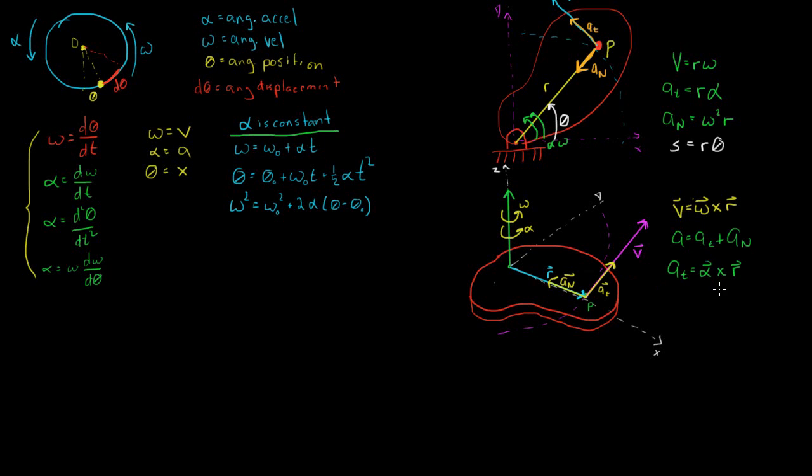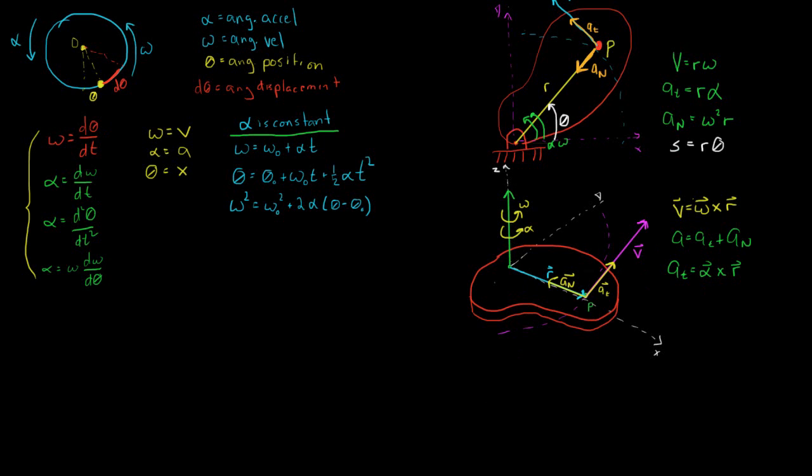And again, a cross product of two vectors gives you a third vector that's orthogonal to both of the vectors being crossed. Here is the axis that the angular acceleration is acting on, and it's the z direction. Here is the axis that the position vector is acting on. It's the x direction. So our tangential acceleration has to be in the y direction.